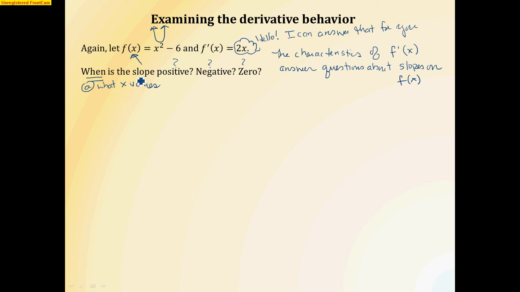So, because you know 2x has a domain of all real numbers, because you know 2x has one x-intercept, and its x-intercept is at 0.